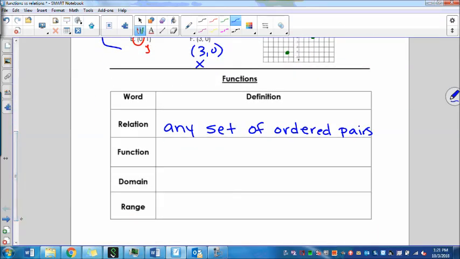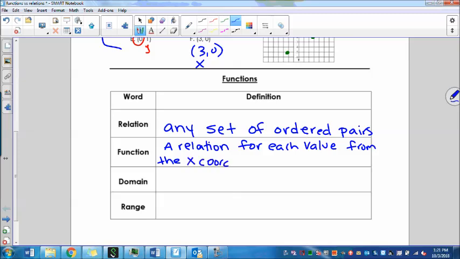When we have a function, that's when we have specific sets of rules. So a function is a relation for which each value from the x-coordinate pairs with only one y.